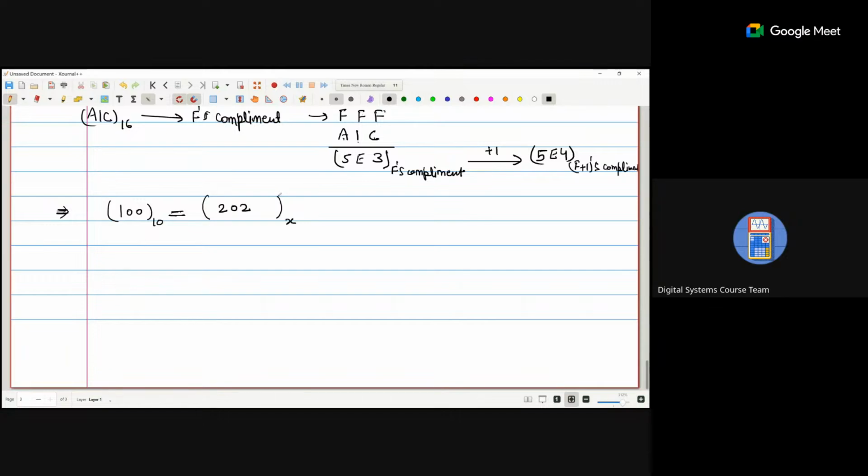For example, 244 base x. So we have to calculate the value of x.